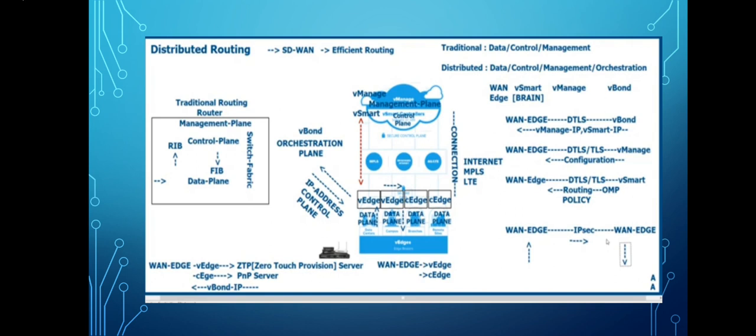We'll be using DTLS and TLS, datagram transport layer security and TLS, which I've already explained in the last session, and their differences. What exactly is DTLS? What exactly is TLS?